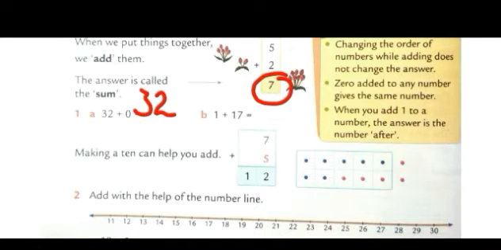Yes. So, answer will be the number that comes after. So, we will write here 18. Like suppose if you are adding 1 to 6. So, what is the answer? Just see what comes after 6, because we are adding 1 to 6. So, the answer will be 7.